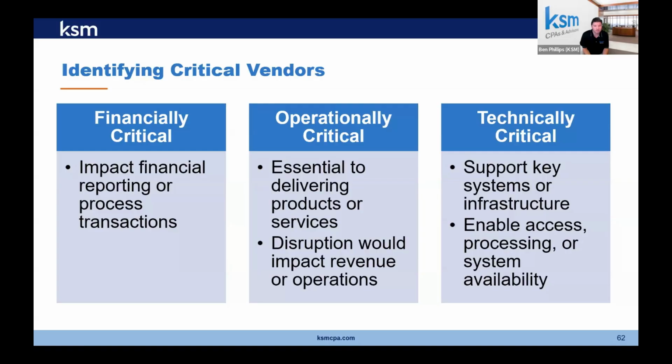And technically critical vendors support infrastructure, access, integrations, or system availability. In practice, many vendors fall into multiple categories. For example, a cloud ERP provider may be financially, operationally, and technically critical simultaneously. The reason classification matters is because it helps determine the level of oversight, the required assurance, monitoring expectations, and contractual requirements.